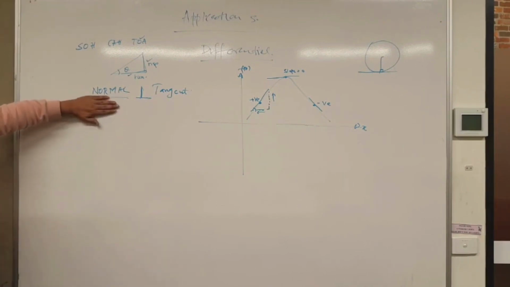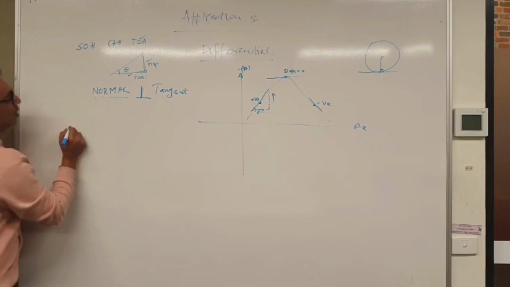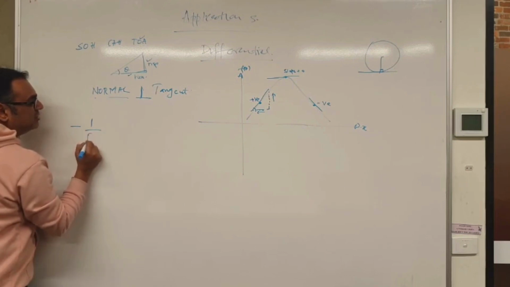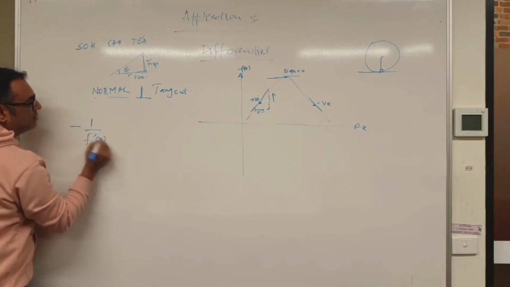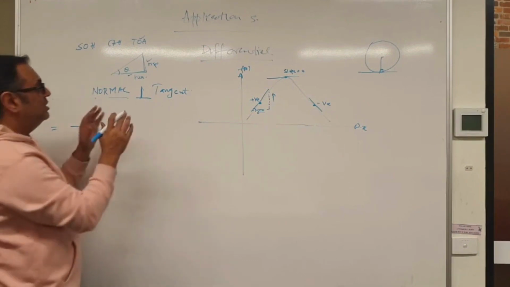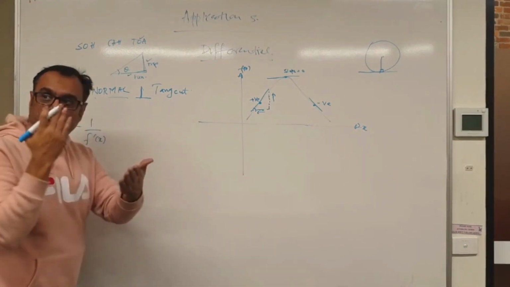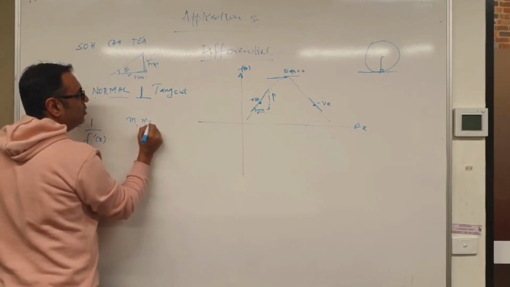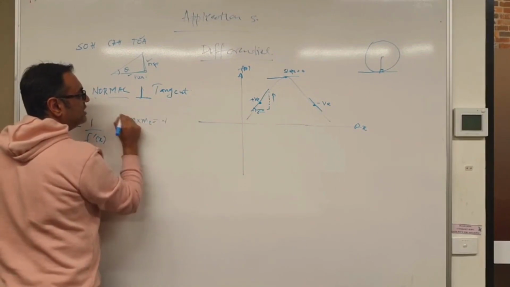So the differential, now hear me out loud and clear. The differential of the normal, or the gradient of the normal, because that's one and the same thing, is always 1 over the gradient of the tangent, with a negative. Why? Because when two lines are perpendicular to each other with slopes m1 and m2, the product is always -1.